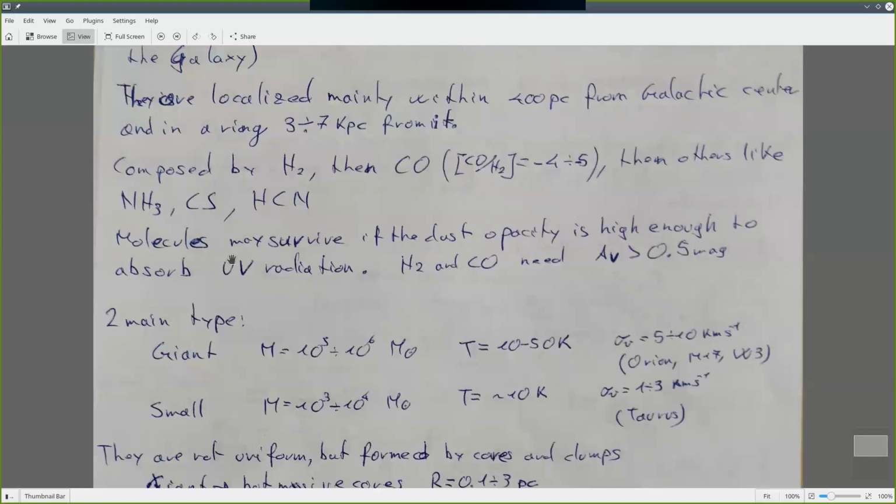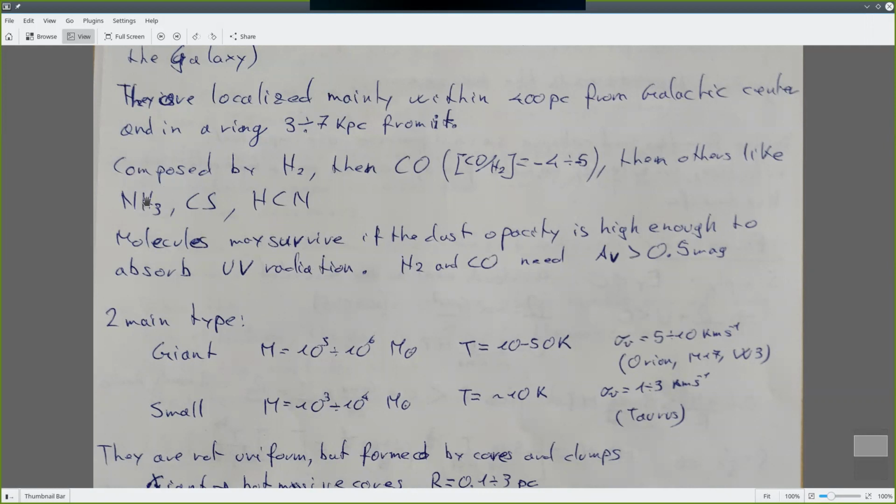The molecules can survive if we have enough dust to create an opacity to block the UV radiation. Because UV radiation obviously can ionize atoms, so it can definitely destroy a molecule. More or less.